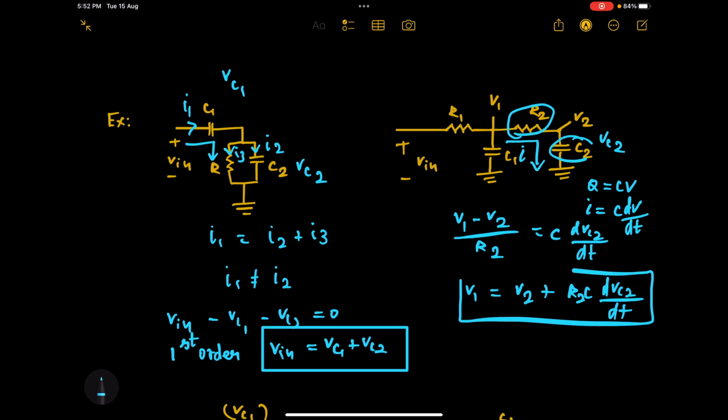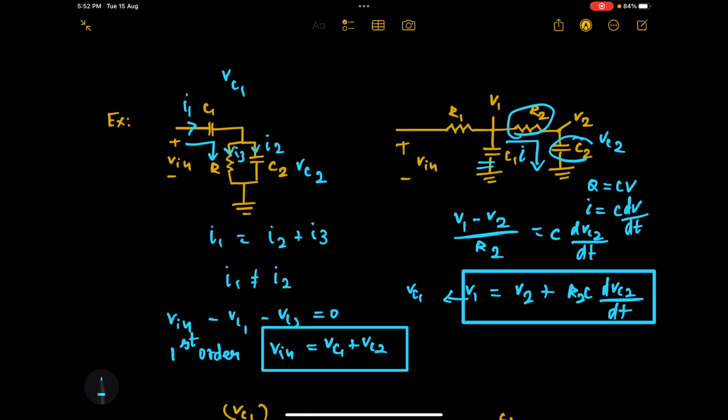Now we have got the relationship between V1 and V2. V1 is just the voltage across this capacitance, so we can also call this VC1. Here you have got a differential relationship of first order.